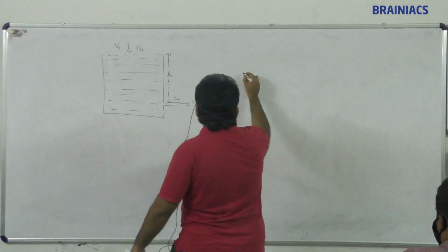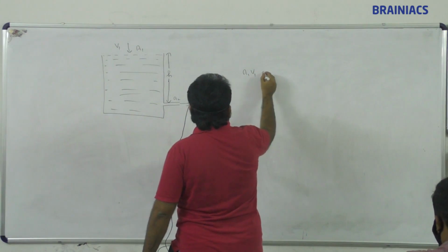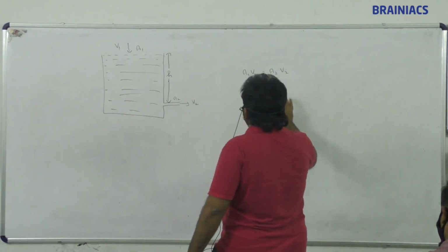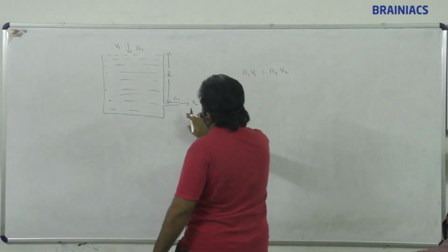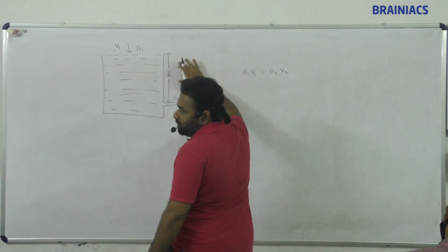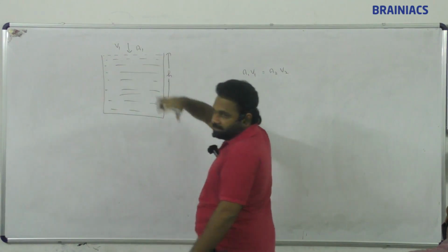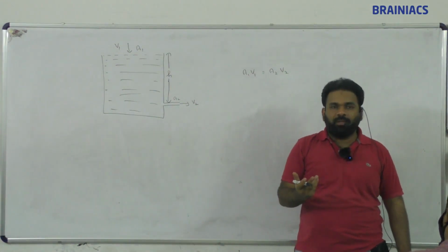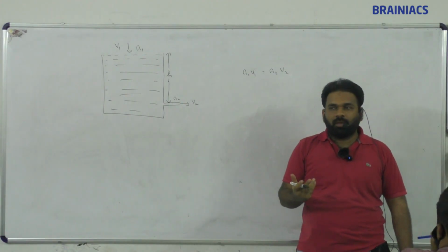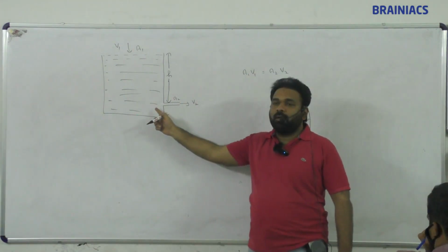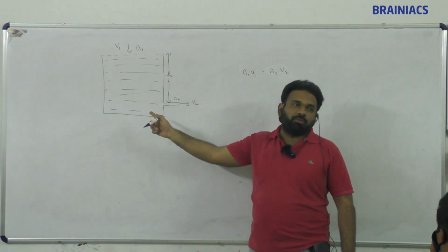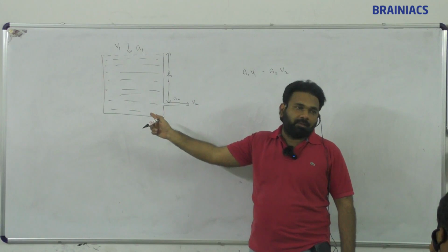We write our continuity equation now: A1 V1 is equal to A2 V2. Now, when this is at this much height, the effect of acceleration due to gravity also will be there because of this.